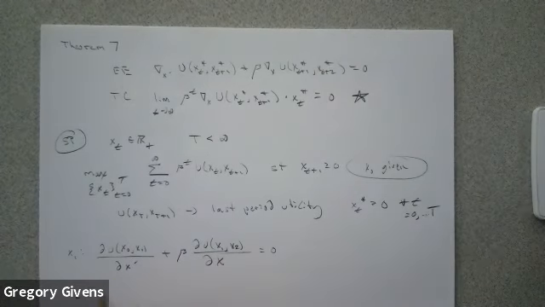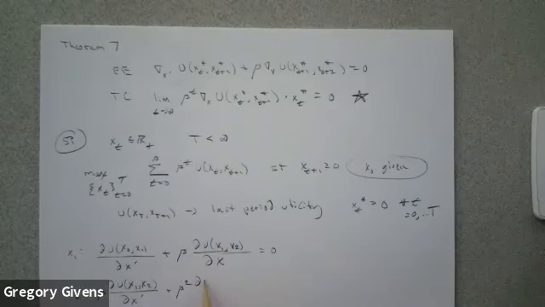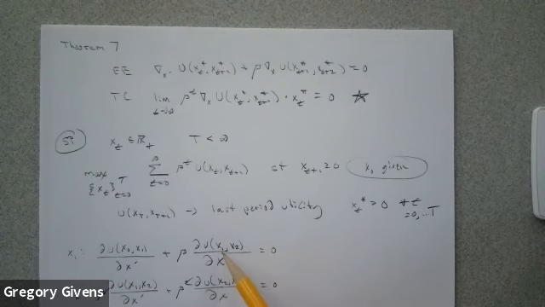Well, that would be beta times the partial of u(x1, x2) with respect to the second argument, plus beta squared times the partial of u(x2, x3) with respect to the first argument. That is equal to 0. And one of the betas cancels. So this first order condition and this one start to look similar.